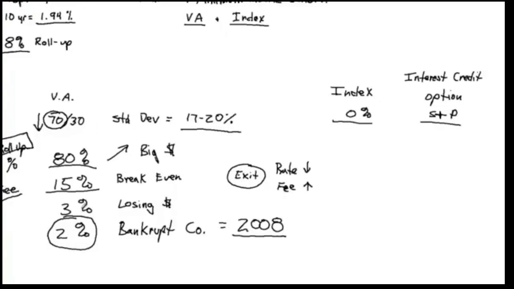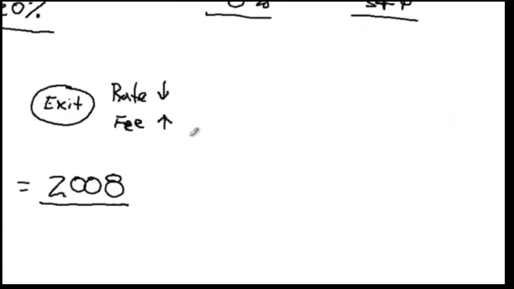Okay, so one other thing I want to talk about here, and that's how variable annuity fees are charged. Just to be clear on something, I think this is important. Let's say you have $100,000, and the fee, let's just pick a simple number of 1%. So that's what the insurance company is charging.